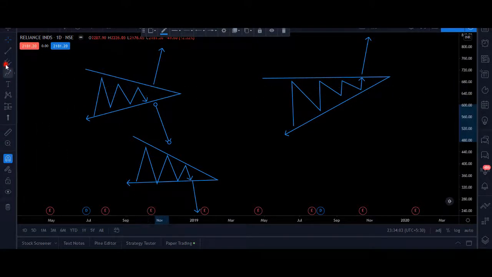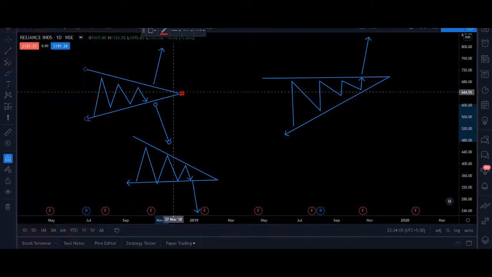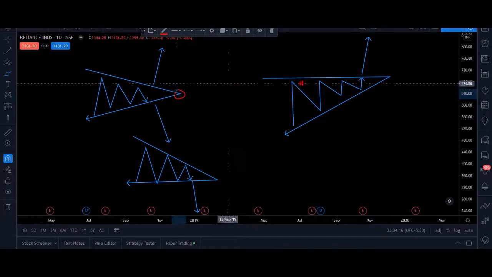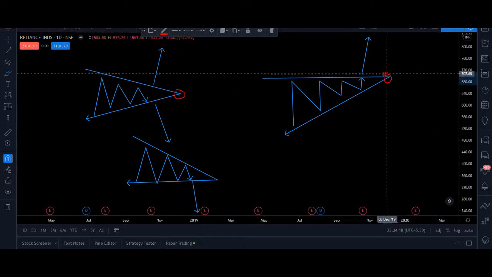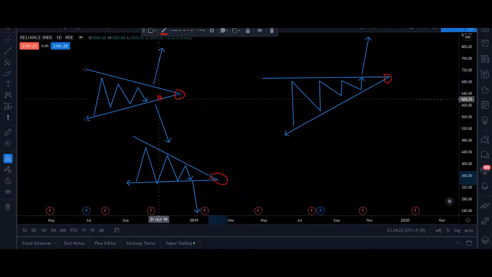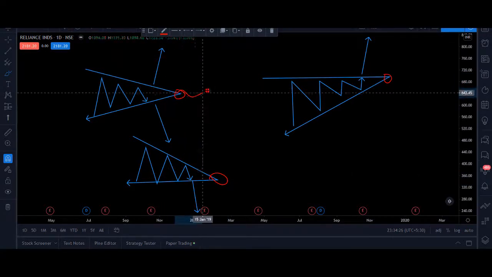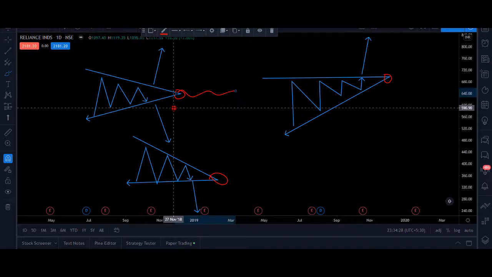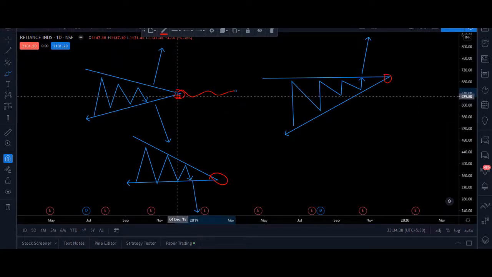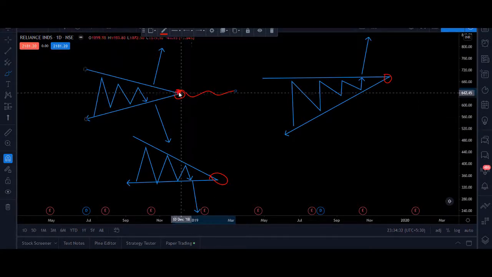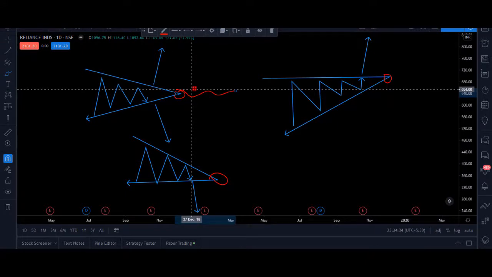Also, one main thing you need to understand: when the price is moving inside any triangle, and it keeps coming toward the edge, the apex of the triangle, if the price doesn't break out and keeps moving sideways, then the market is not volatile enough, so you cannot trade using the triangle at this point.